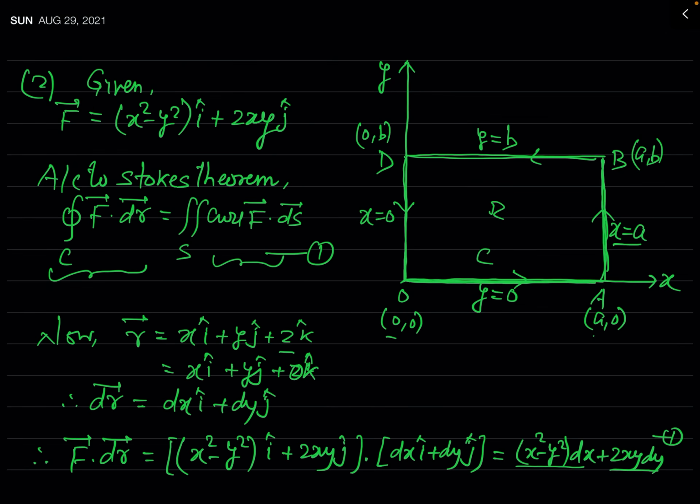Now see this equation 1. Since dx is 0, the first term in the expression for f dot dr will vanish, and in the second term x is equal to a. So this will be 2ay dy.